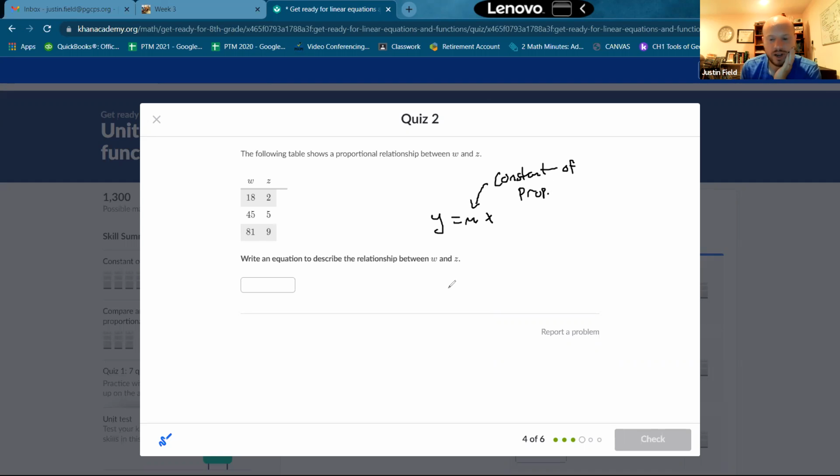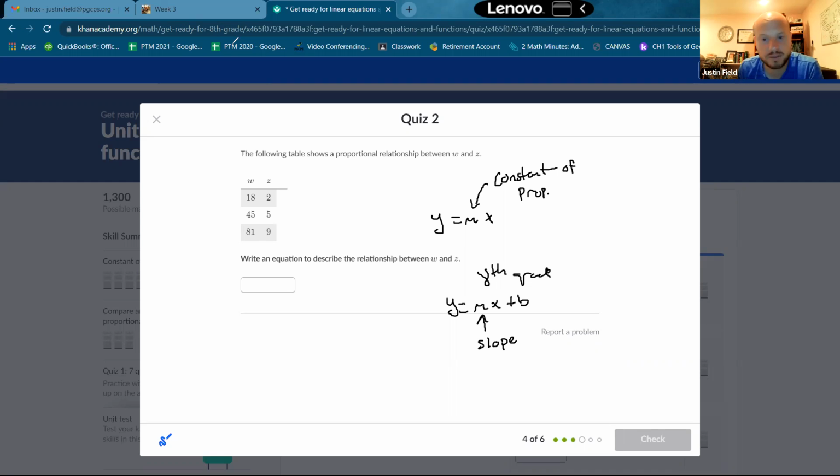When you get into 8th grade, you're going to do y equals mx plus b, and m will no longer be the constant of proportionality because there's this second number. m will change into something more general called the slope.